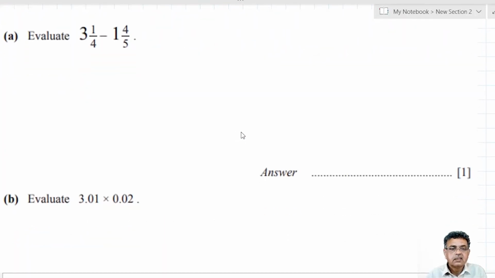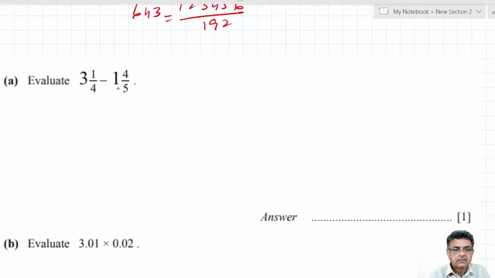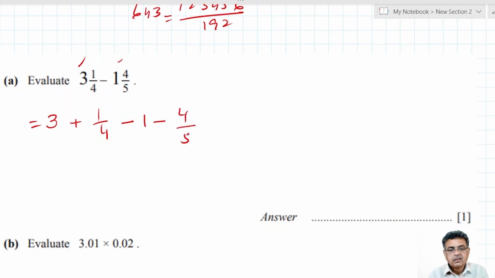Now again, there are some whole numbers along with fractions. As I had suggested earlier, it is better to separate the whole numbers. If this is a negative sign, both of these components will be negative: minus 1 minus 4 over 5. Now solve the whole numbers separately.